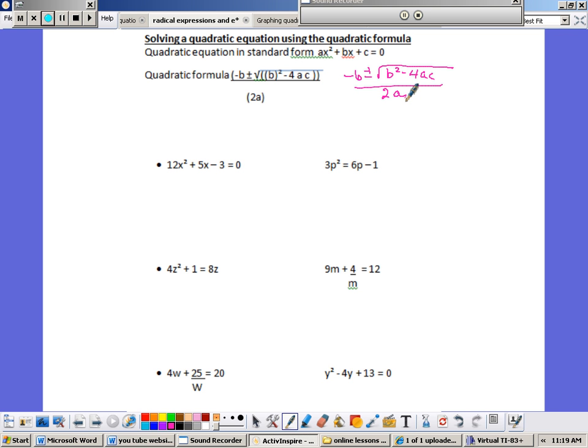But here's the problem. If you put that in your calculator the way it is, it's going to do this radical, but then it's going to divide by 2, multiply by a, and then go back and add the negative b. That's not what we want to happen. We wanted to take care of the whole numerator, the whole denominator, and then divide.